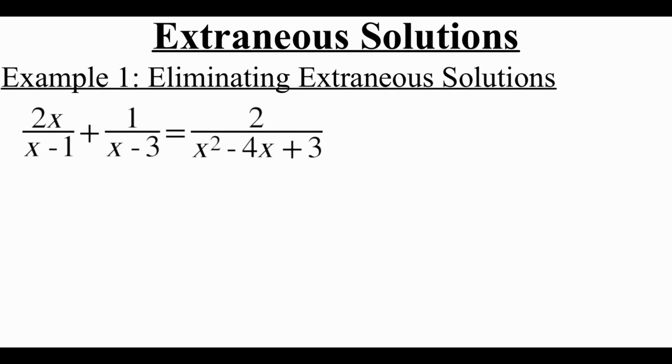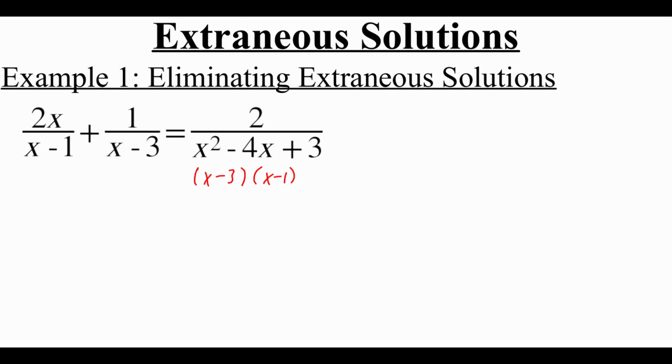Now as we're looking at this, we've got a lot of fractions. So I want to think about multiplying by something that's going to help us get rid of all of those fractions. But I want to start on the right-hand side with that quadratic in the denominator, and look at the factored version of that. If we were to factor x squared minus 4x plus 3, we would get x minus 3 and x minus 1, which works out nicely because those are the denominators that we have on the left-hand side.